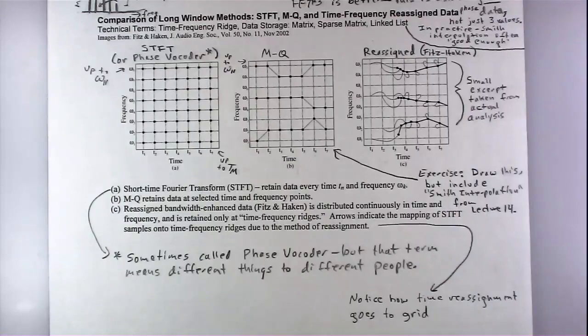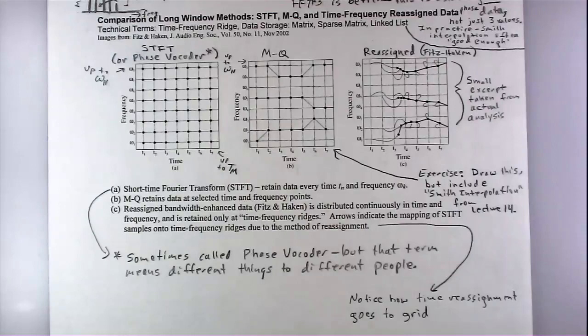Like here, this guy reassigns way over here, this over here. Well, this is the onset portion. But look at the time once you get into the sustain. It's actually sort of staying on the time grid. That's because it's sustained, right? The center of gravity of the data is throughout the window. So you can kind of see that even in that tiny little excerpt.